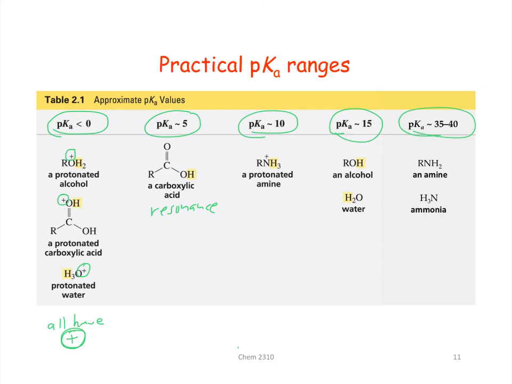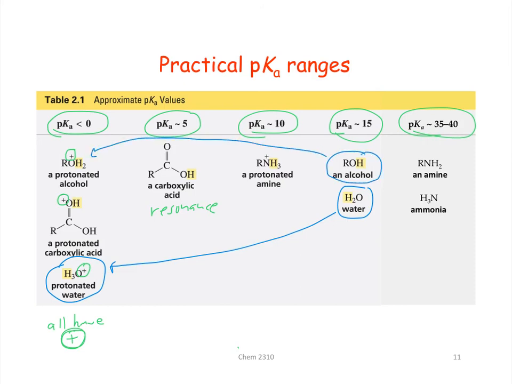One thing to notice is that if we have two species that are closely related, for example, water and hydronium ion, or protonated water, when we protonate them with a plus charge, they're going to be more acidic. So water goes to protonated water, or an alcohol goes to a protonated alcohol.